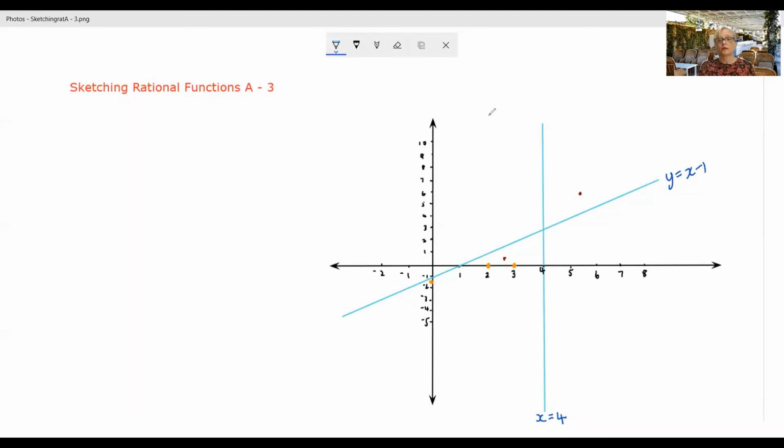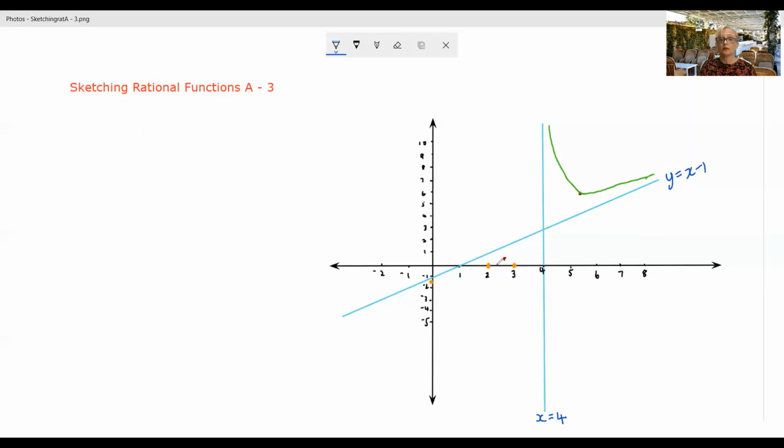Now, this stationary point was a local minimum. And we know that we're tending towards positive infinity here, and we're tending towards this line from above. So we're going to do something like this. All right, so you want it to be tending towards the line, but not actually touching it.